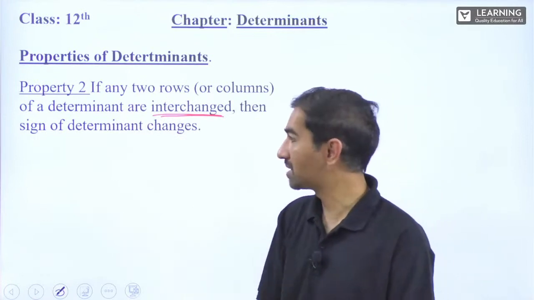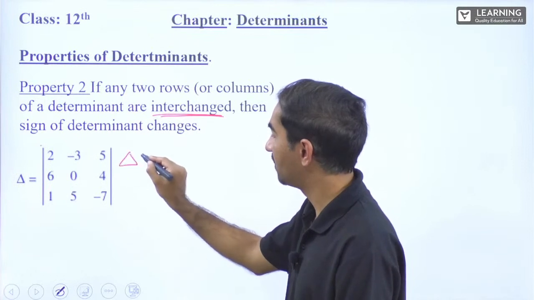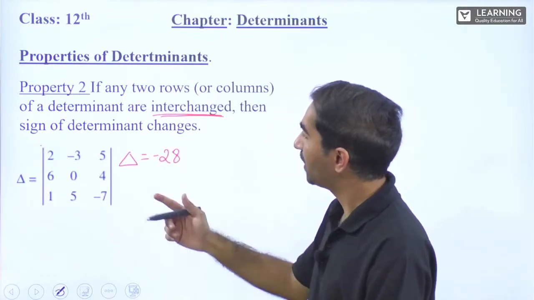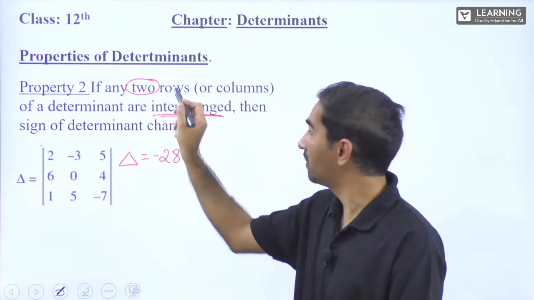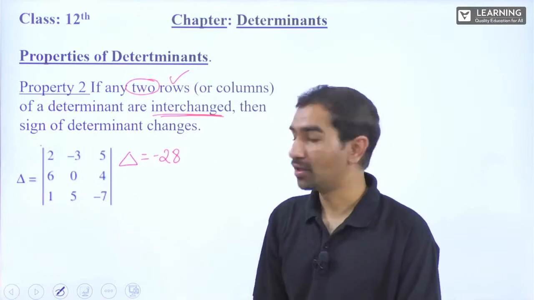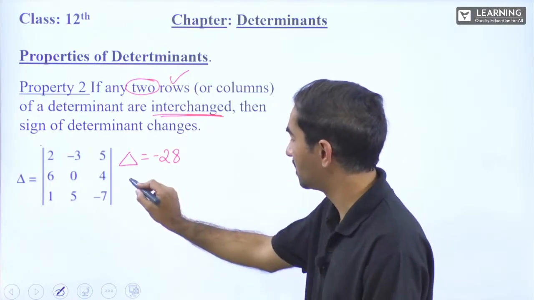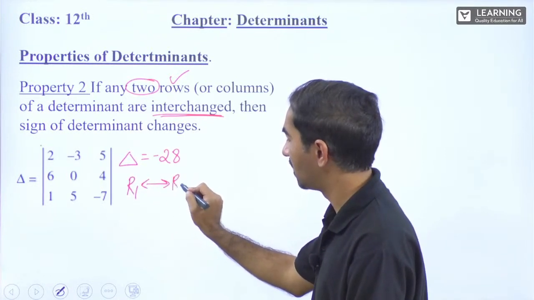We'll take the same example only. This example, we already know the value. We know that delta will be equal to minus 28. Now we have to interchange any 2 rows or columns. We will consider rows only. We'll interchange R1 with R3.